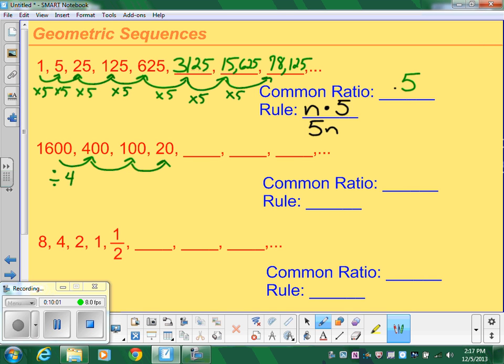So once again, we have to think about what can we multiply by that would be the same as divided by 4. Multiplying by its reciprocal will give us the exact same response as dividing by 4, which means the actual pattern here, the common ratio, is multiplying by 1/4.